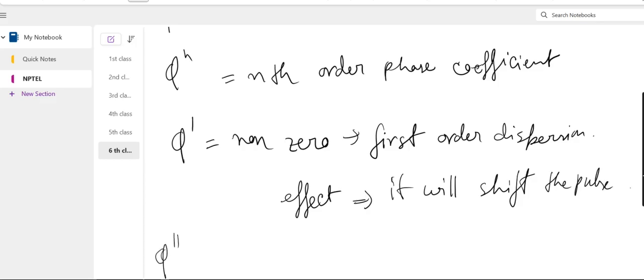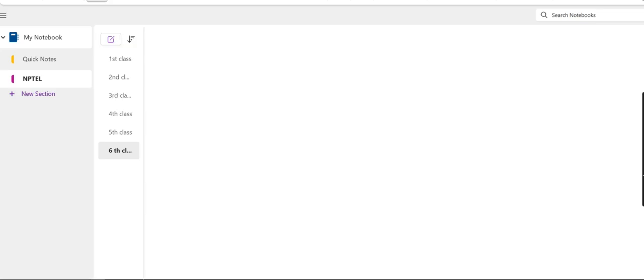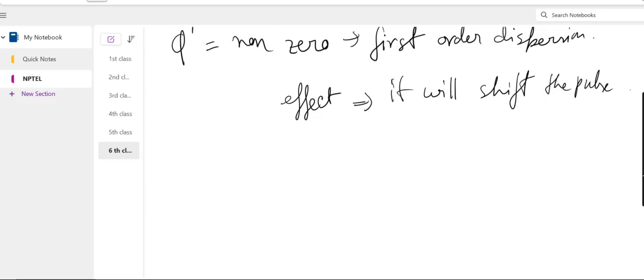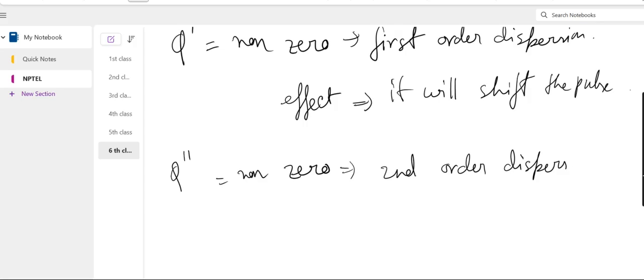If phi dash dash is non-zero, that means second order dispersion is there.